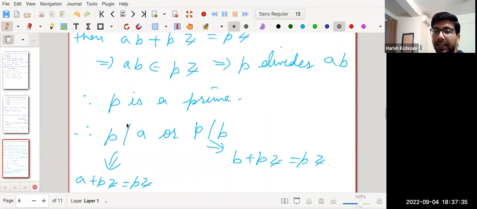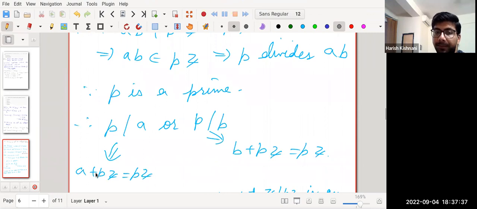But if p divides a, I can add one more step here. If p divides a, that implies that a is equal to p alpha for some alpha in the integers, which implies a belongs to pZ. And if a belongs to pZ, this means a plus pZ is equal to pZ.